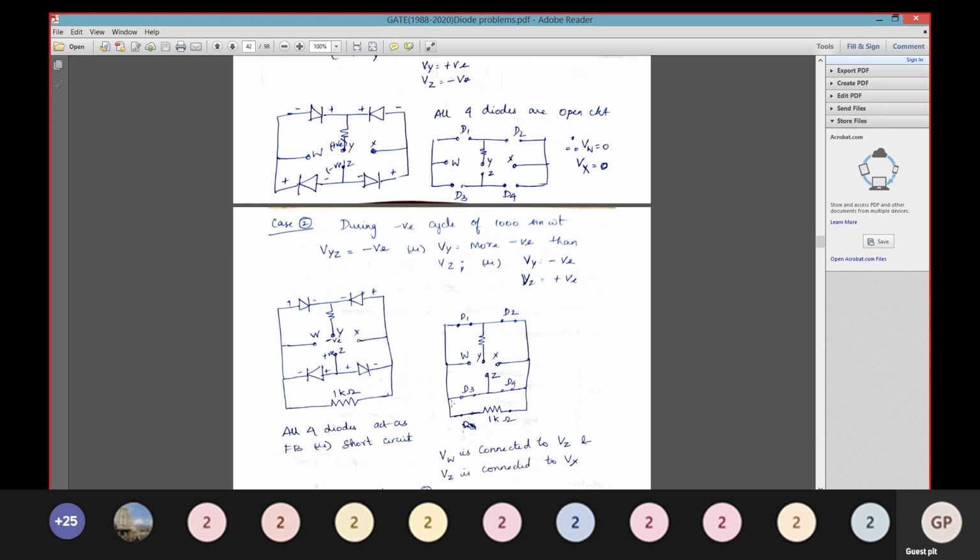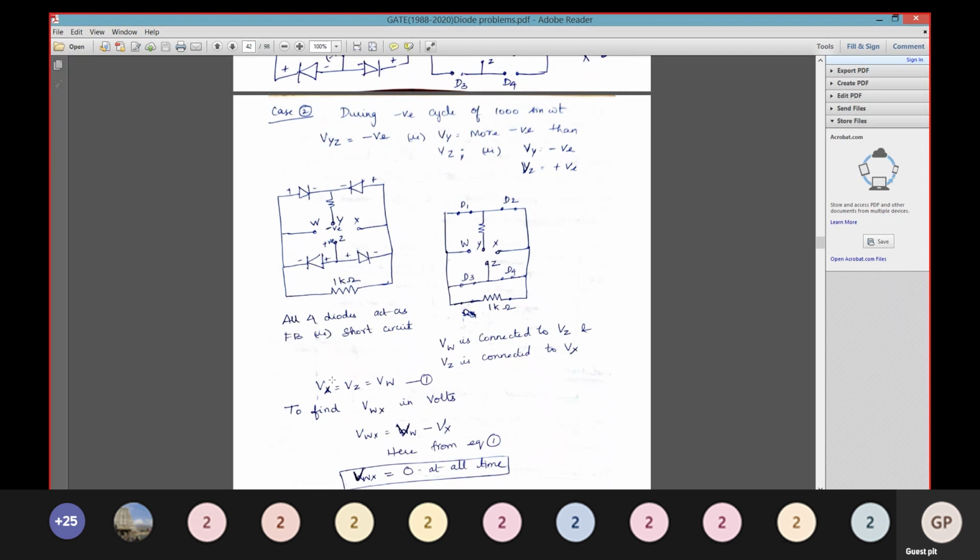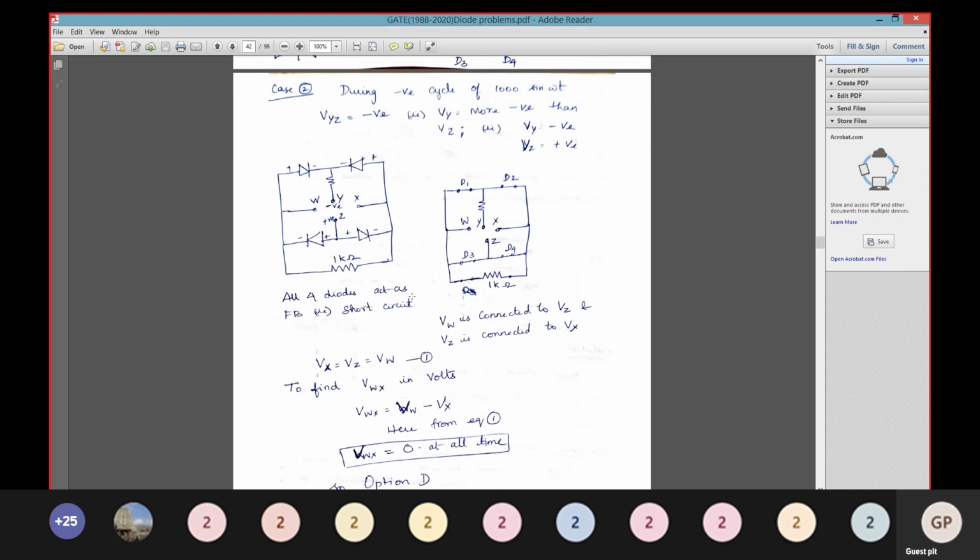Now what is the potential? I have written clearly over here: all four diodes act as forward biased, that is, short circuit. Now Vx is connected over here to Vw, because we need to find Vw and Vx.